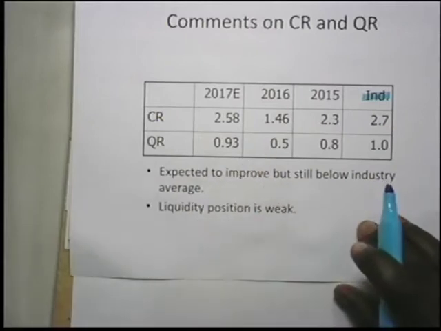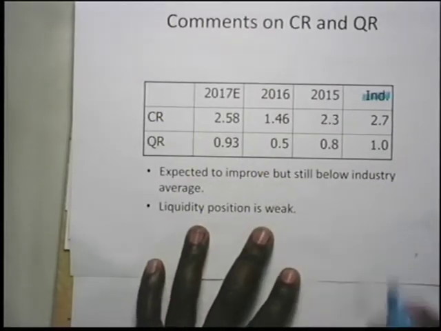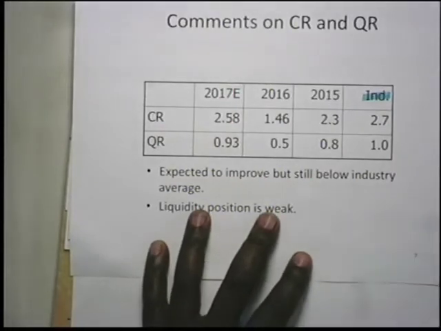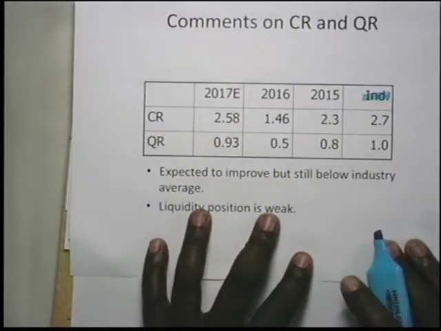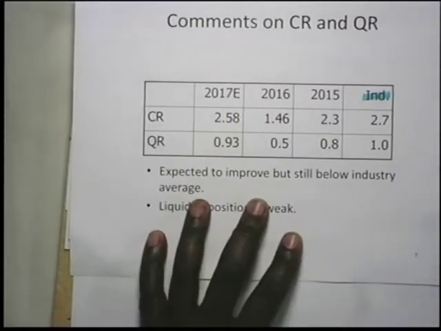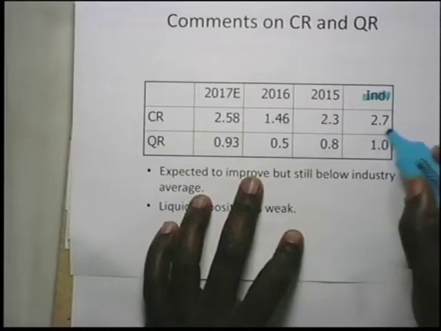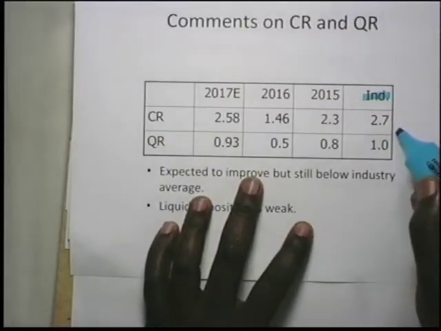Here are the figures that I've given. Don't worry where I took some of them; I calculated them the same way we are calculating them. So you will be given those figures in an examination situation or in your assignments, and you'll be required to calculate the last one. The industry figure in this case is 2.7. That's the current ratio figure.